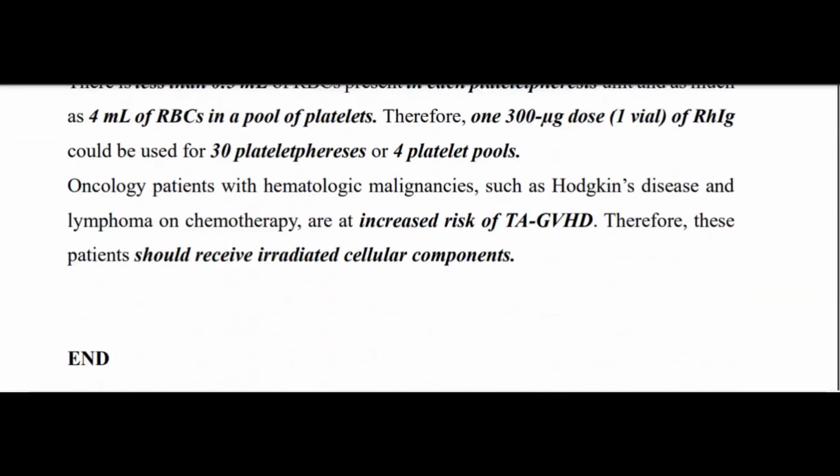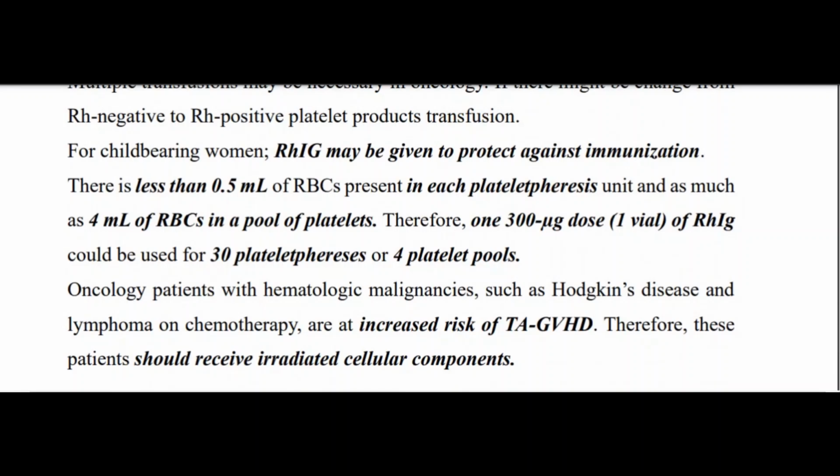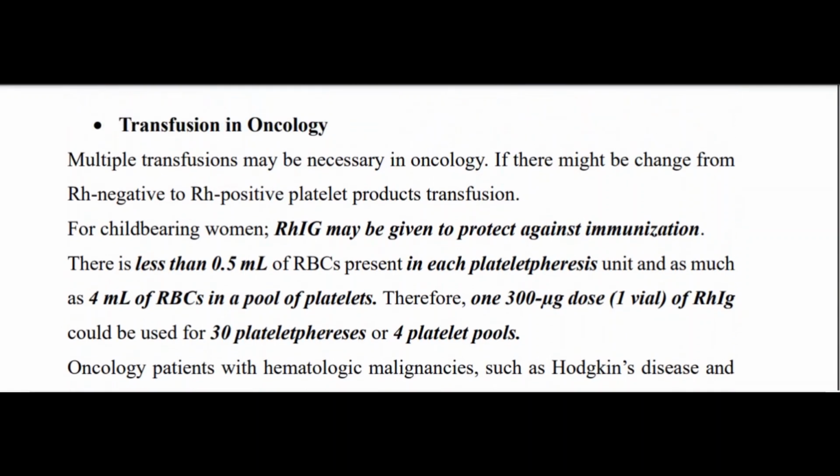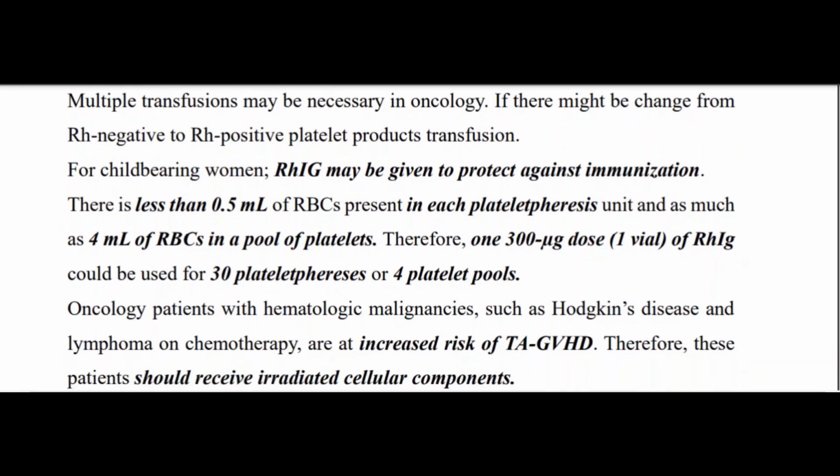Now, finally, in oncology units in hospitals, in most cases transfusion is routine, and we can transfuse multiple units of blood. In this case, because we are transfusing platelets, RBC, plasma, it is also very important sometimes, in order to prevent rhesus immunization, for example, if you are transfusing platelets, in most cases we don't consider rhesus.